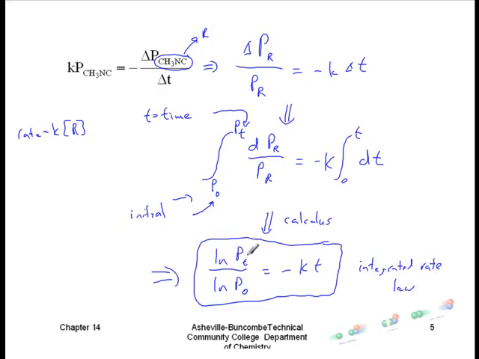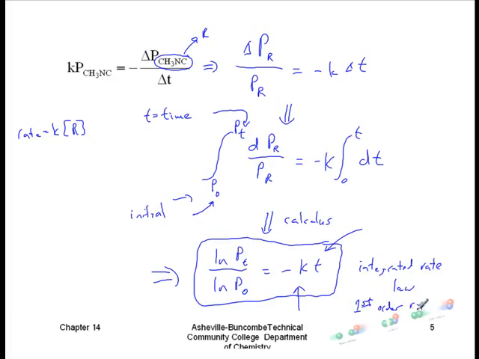It's relating the partial pressure of the reactant at any time t with the initial partial pressure, and then there's that time t showing up on the other side of the equal sign, and then the rate constant is also showing up there, which we've already dealt with. And this is the integrated rate law for a first order reaction.